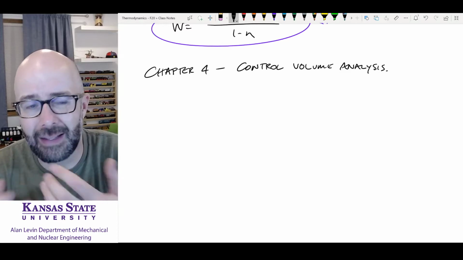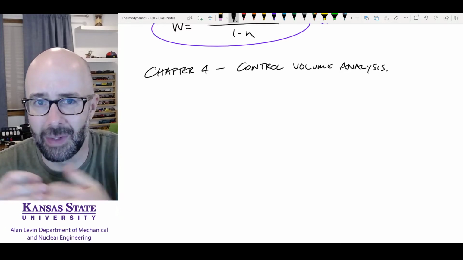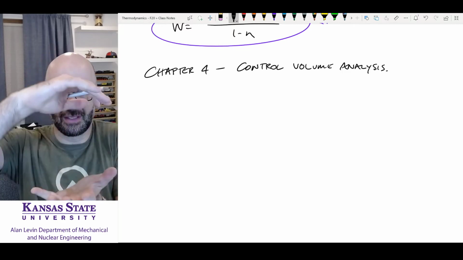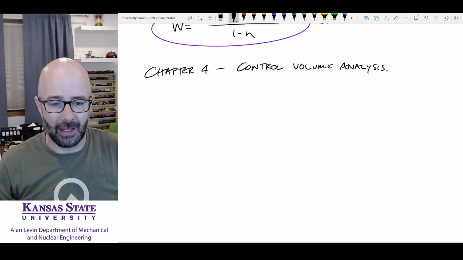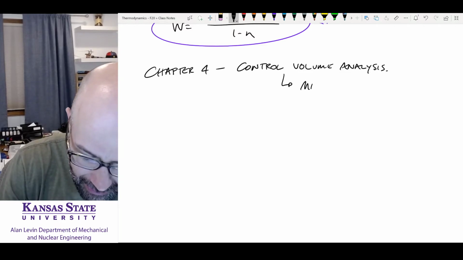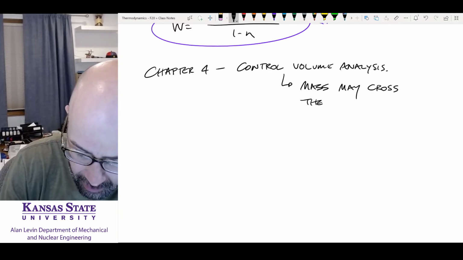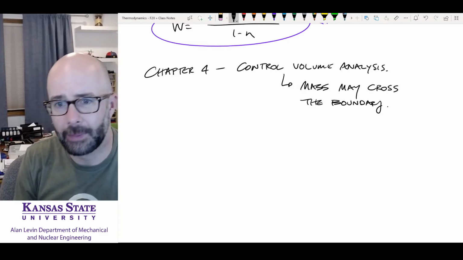But we do make that delineation here in this next chapter. We talk about control volumes. We're now looking at a control surface, and now mass is going to cross that surface. Okay, so for the control volume we say mass may cross the boundary. Okay, that's what's going on here.